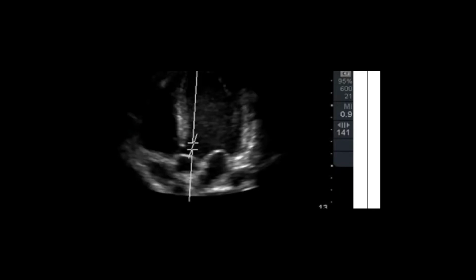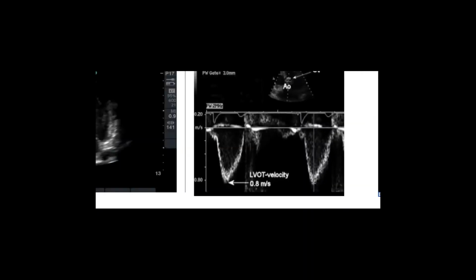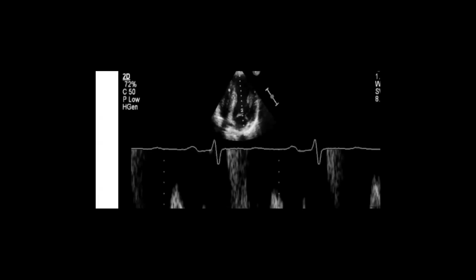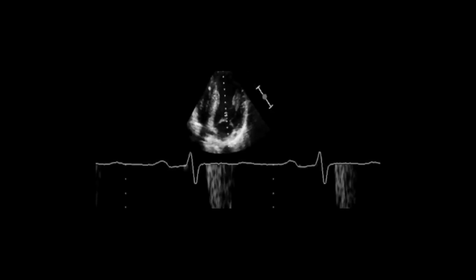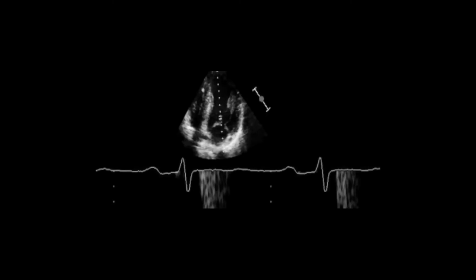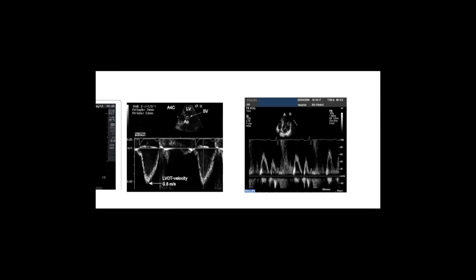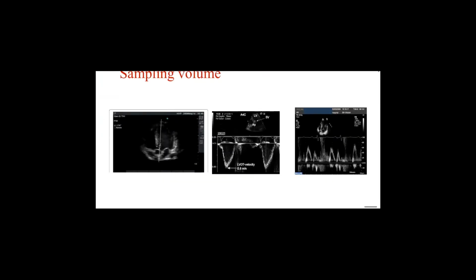So if you put it in the LVOT like this, you get the LVOT velocity. If you put it at the mitral inflow, just below the leaflet, you get the mitral inflow this way. Therefore, you have to know exactly where to position your sample volume when you are using PW.